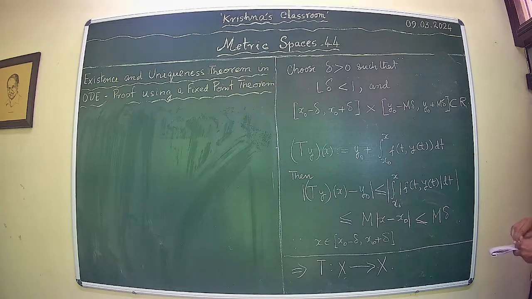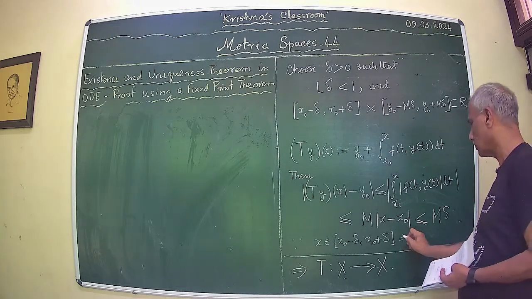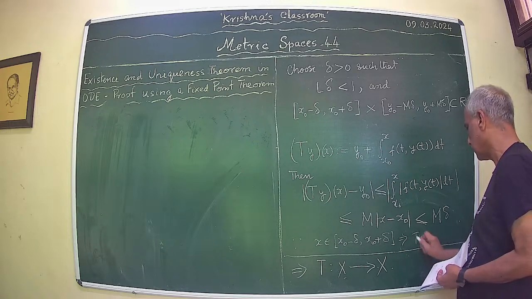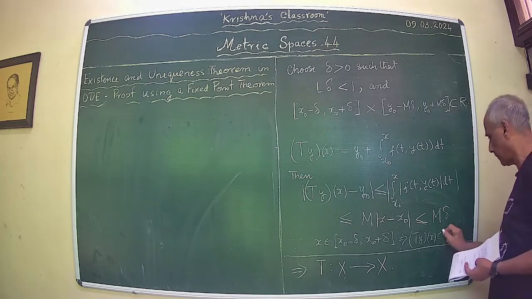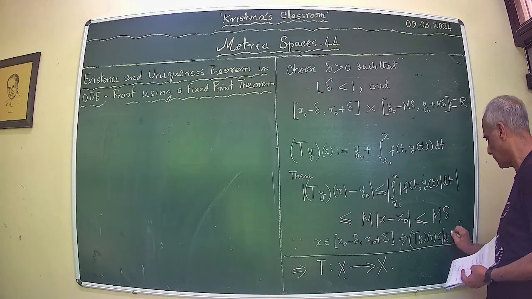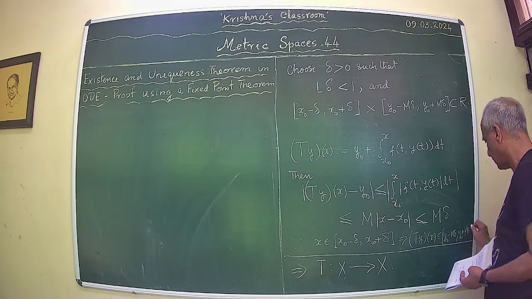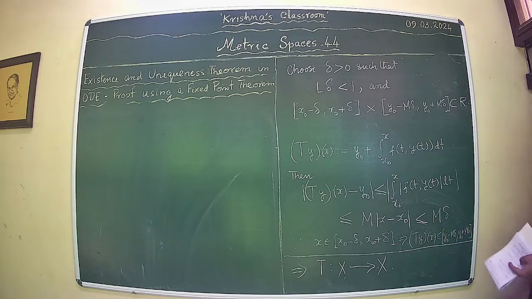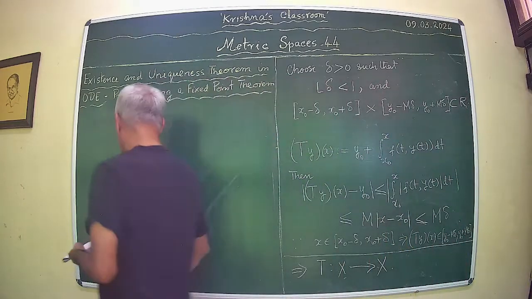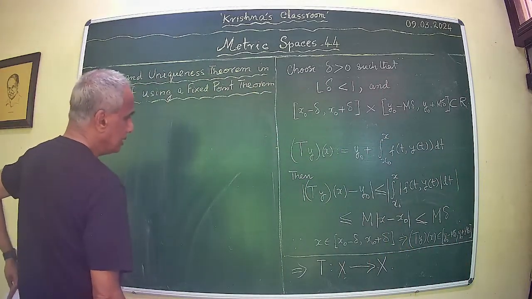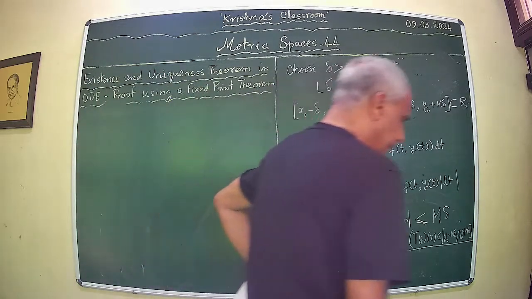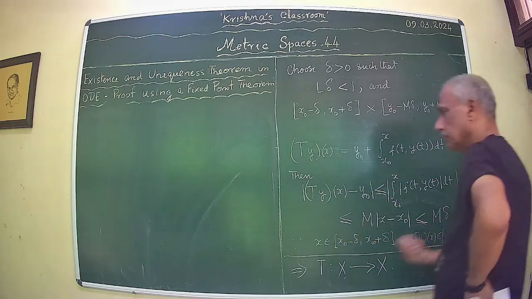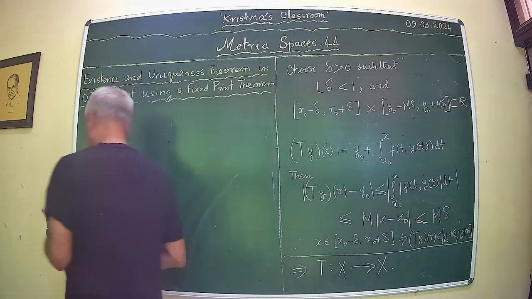Therefore, you see that Tx, so this implies Ty belongs to this, therefore T maps from X to X. So T is mapping elements in X into X itself. One condition is satisfied.